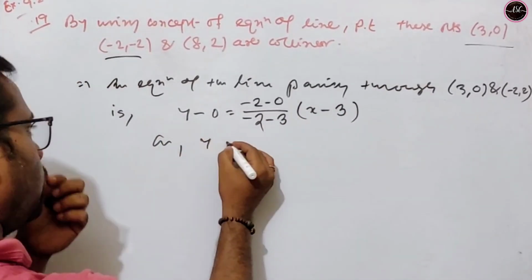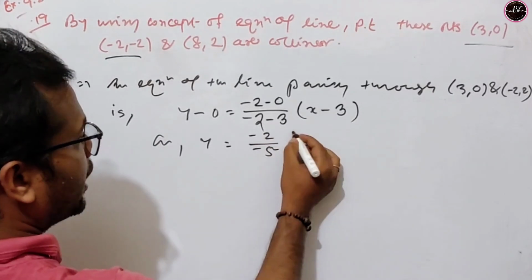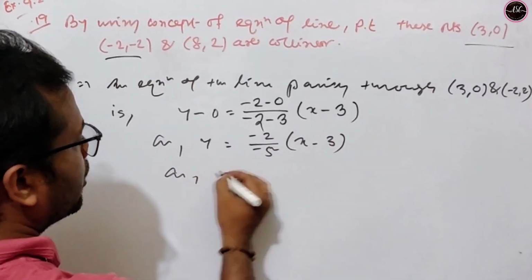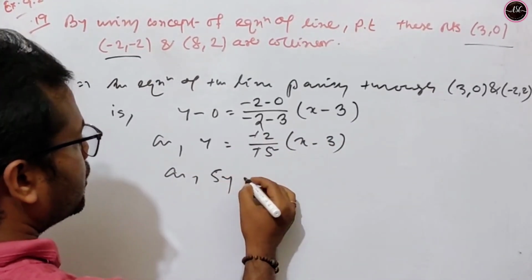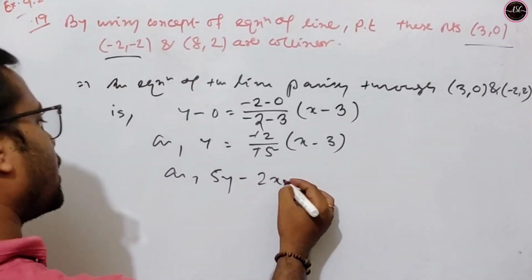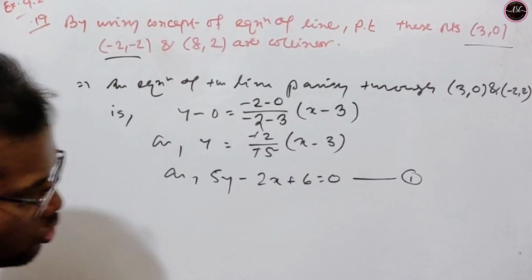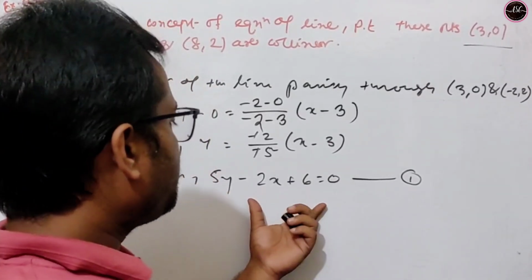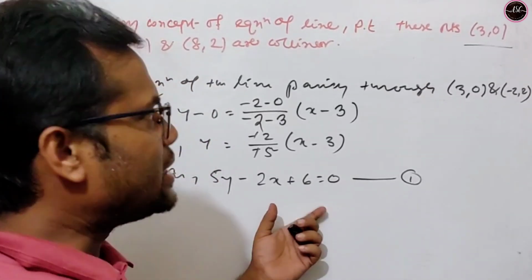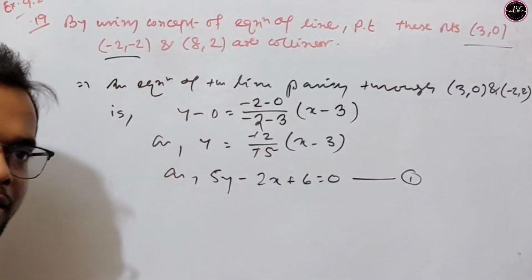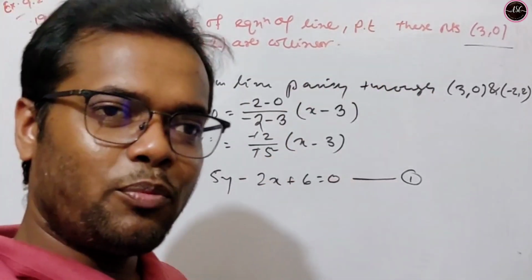Or y equal to -2 by -5 into x minus 3. Or the minus will cancel out, 5y minus 2x plus 6 equal to 0. This is the equation of the line. If this equation is satisfied by all of these points, then we can say these 3 points are collinear.